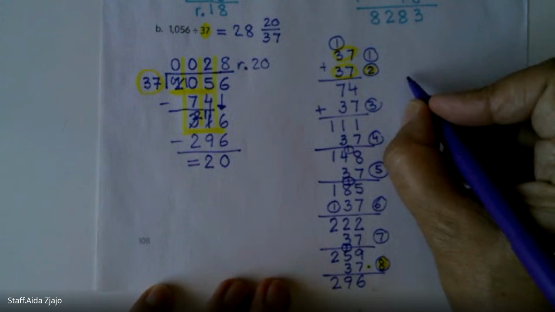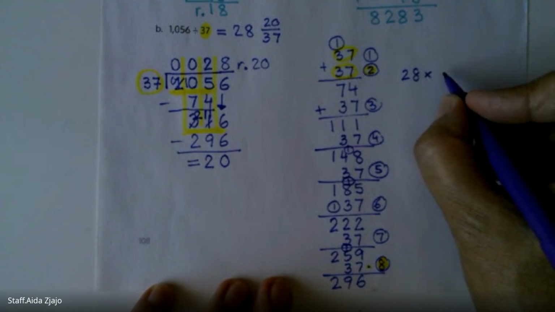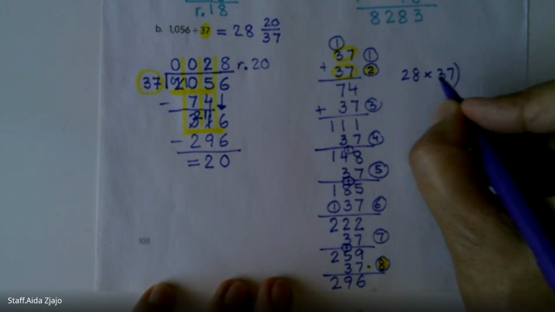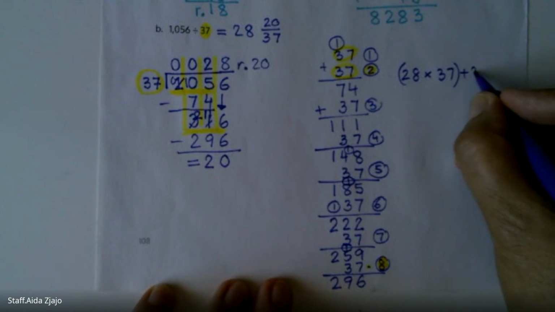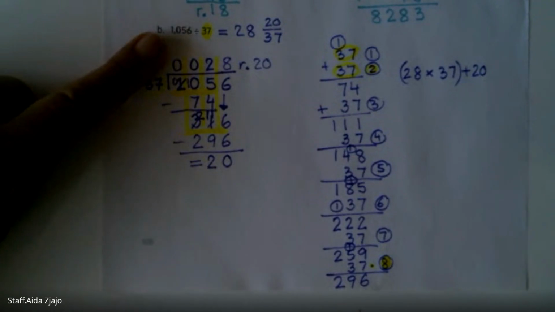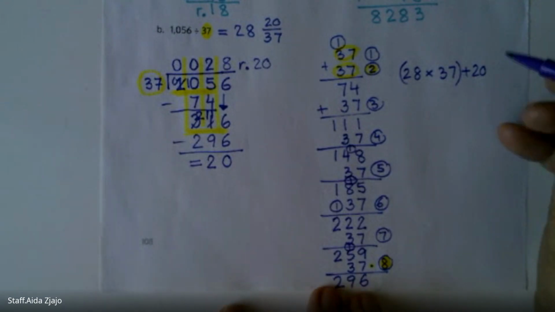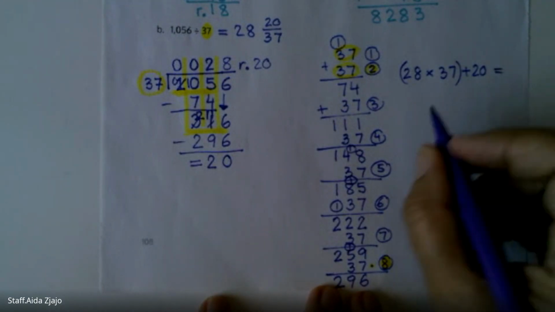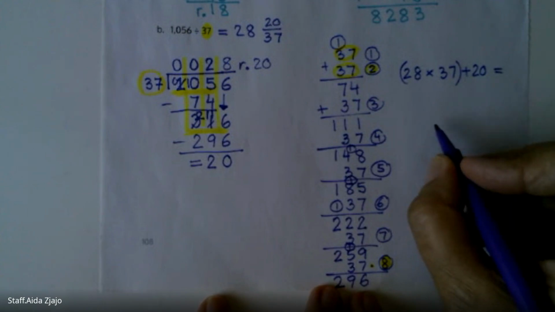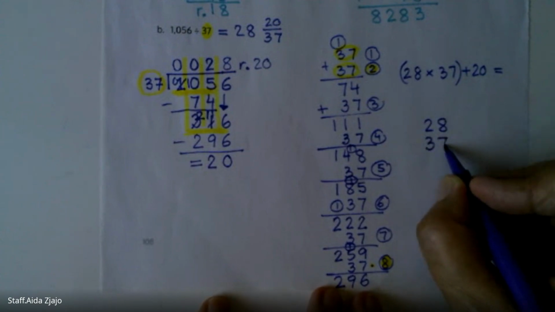What that means is 28 times 37 plus 20 will give me back the dividend, 1056. So first, that's 28 times 37.